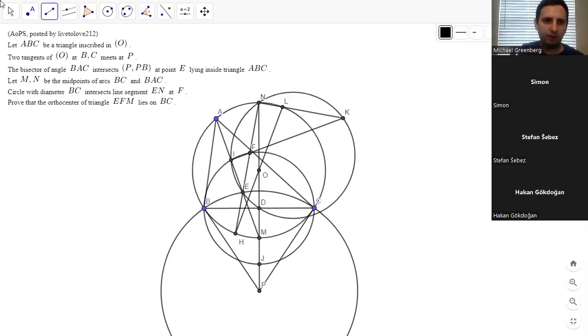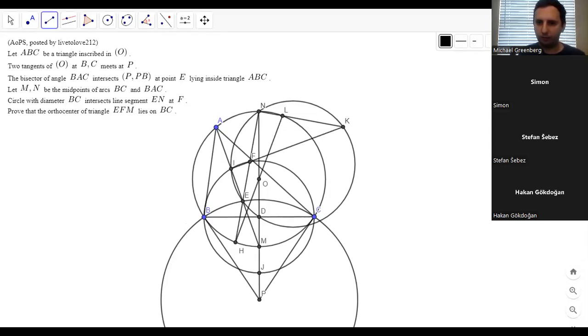Is F the orthocenter of AK now? Redefine F as the intersection of NE and the perpendicular from I to AM. Okay. So I think I'll just hide this circle right here.